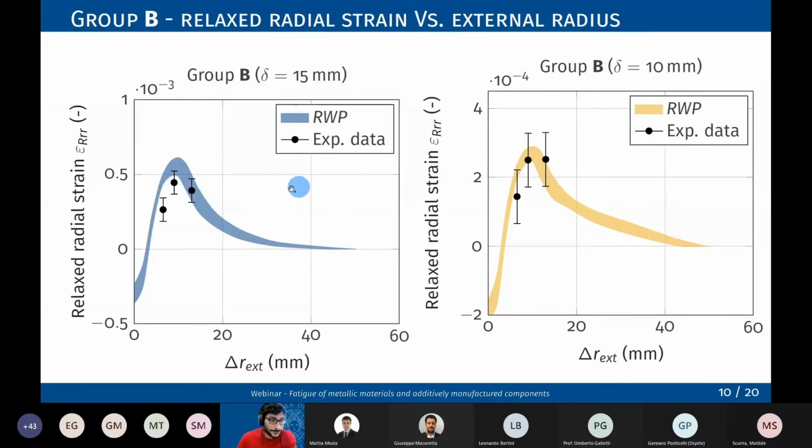So, the comparison for validating the numerical model. Here the relaxed radial strains are shown, but as a function of the radial coordinate. This radial coordinate is the distance from the strain gauges to the weld toe, so 0 is precisely the weld toe. The numerical results, this RVP, the representative welding process, so the numerical analysis, are shown as a convex hull of all the results along the hoop coordinate, while the experimental results are shown for 3 different radial coordinates through mean value and standard deviation.